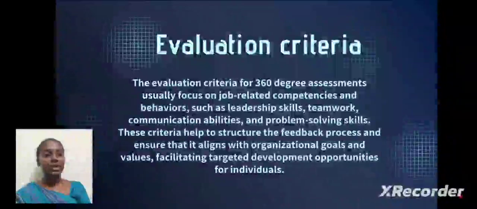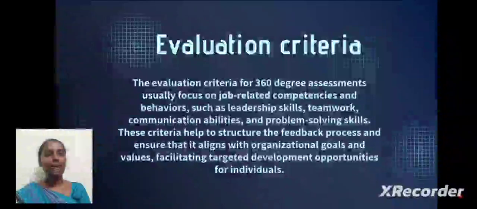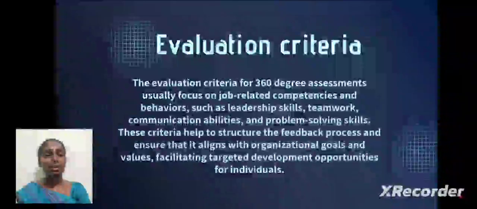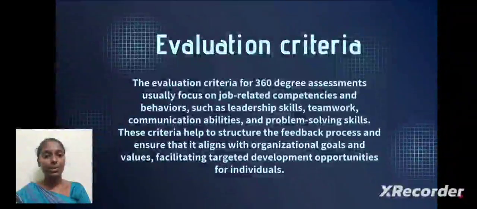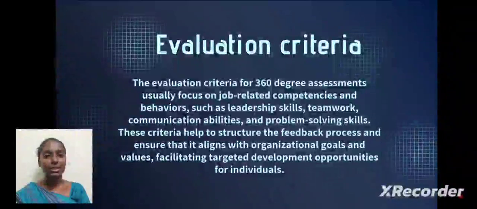And evaluation criteria. The evaluation criteria for 360-degree assessments usually focus on job related competencies and behaviors such as leadership skills, teamwork, communication abilities and problem solving skills. So these evaluations help the students to improve their communication skills, leadership, teamwork and problem solving skills.